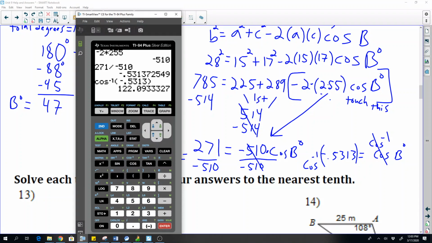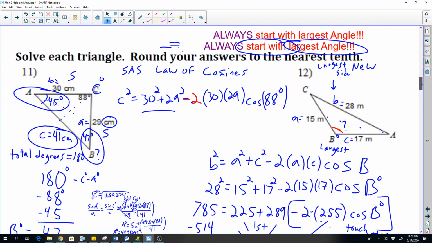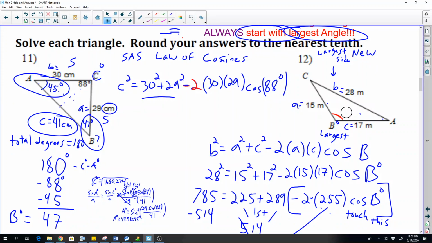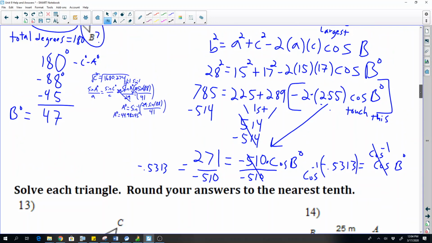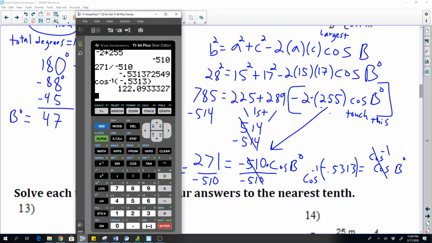That gives us 122.1. So 122.1 is our angle for B. So we're going to erase that and put 122.1 degrees.